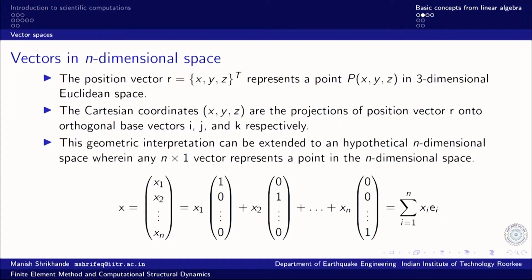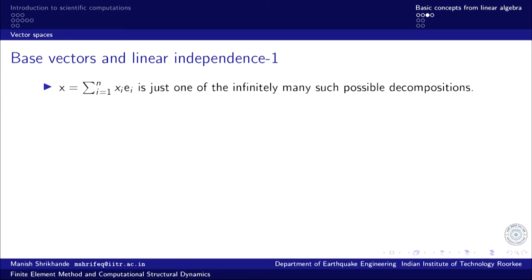So, x1 multiplied by (1, 0, 0, 0, 0, 0) plus x2 multiplied by (0, 1, 0, 0, 0, 0), and so on up to xn multiplied by (0, 0, 0, 0, 0, 1), and in a compact representation I just write it as x_i e_i. e_i is the ith Euclidean base vector, and x_i is the coordinate associated with the ith Euclidean base vector.